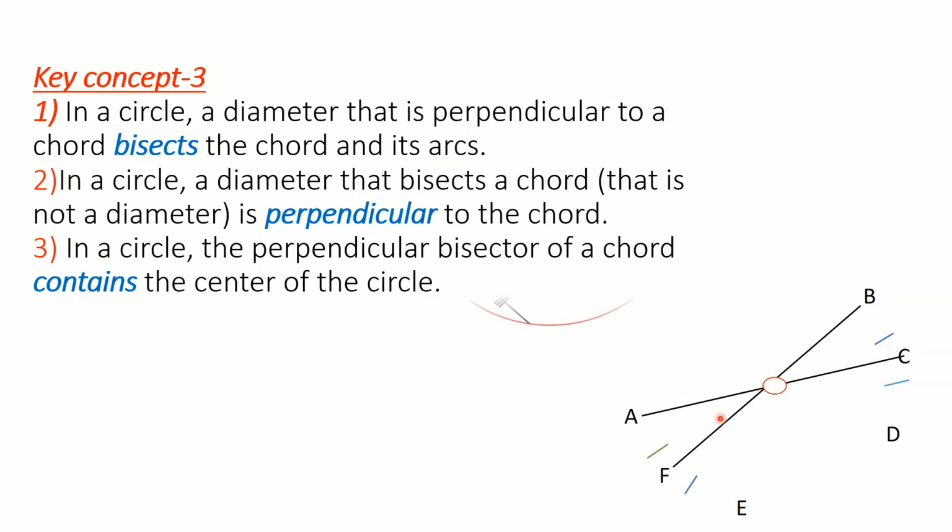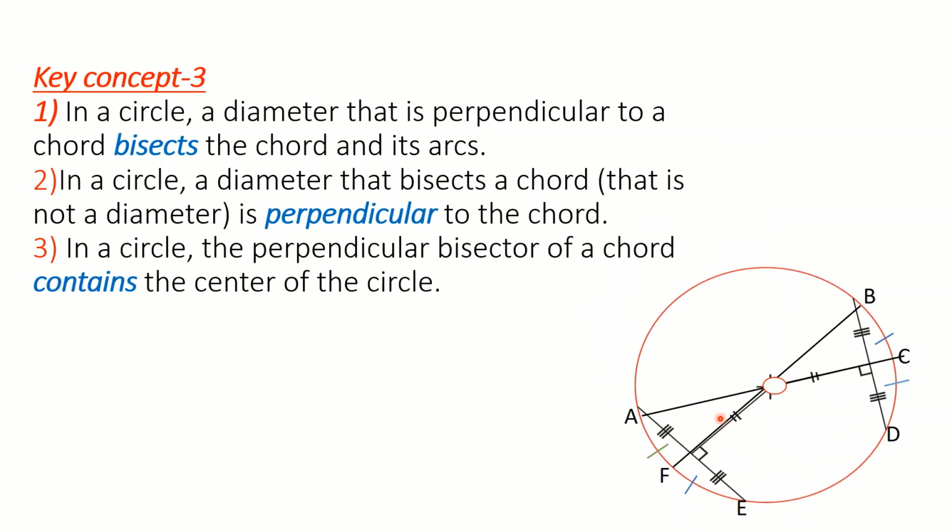Look at this figure. In a circle, a diameter that's perpendicular to a chord bisects the chord and its arcs. Look at FB and AC. Since O is the center of the circle, AC and BF are diameters passing through the center. When AC passes through the center, what will happen to chord BD?